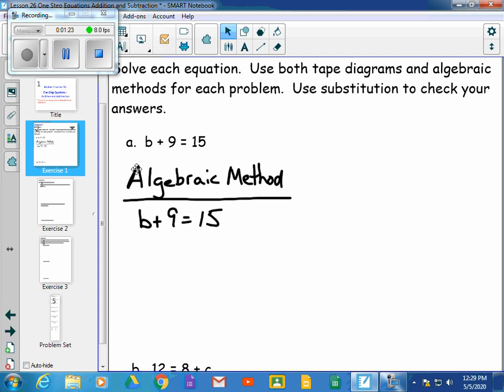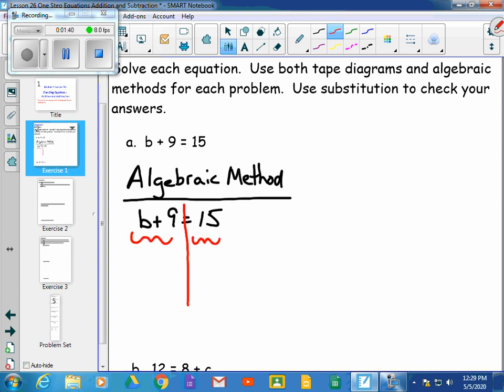When you start algebraic methods, you have to think of this equation as like a balanced scale that's separated by the equal sign. So I would even draw a line right through there. Whatever is on this side of the equal sign is balanced as equal to that side of the equal sign.